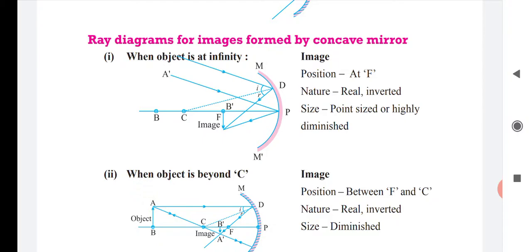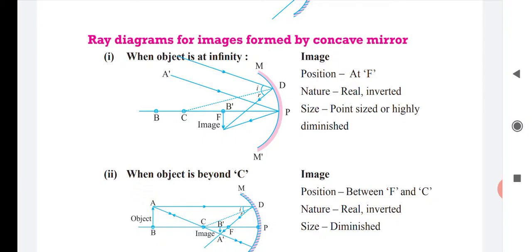So first, we will take the object at infinity. When the object is at infinity, you can see two rays falling on the mirror. After reflection, they are meeting at one point, that is, from the figure you can see B dash. B dash is the point where the image is formed. So from the figure I can say that the position of the image is A dash, that is B dash, and the rays coming from the infinite point are meeting at the point B dash.